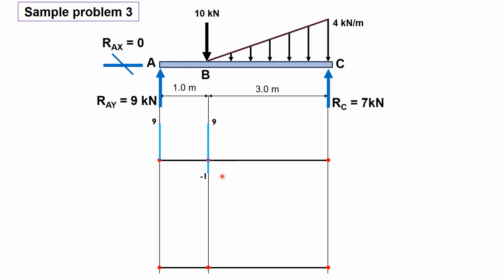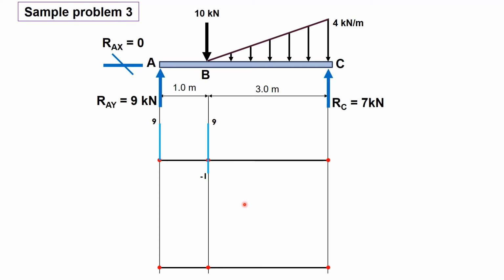No? Now, for point B, we have two values. Yung 9 ay to the left of B, kasi galing yan sa segment BA na nasa left side ng B. At yung negative 1 ay shear value to the right of B, kasi ang ginamit mo na dyan ay yung shear equation for segment BC na nasa right side ng B.